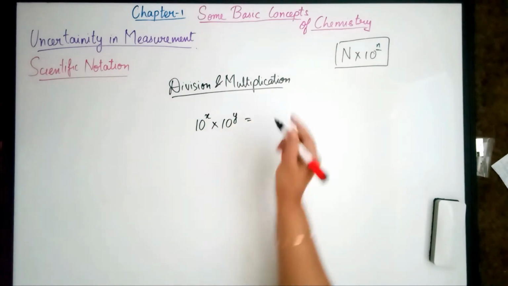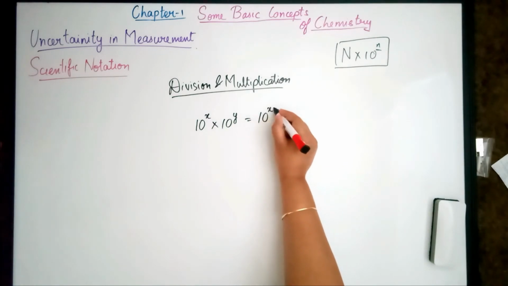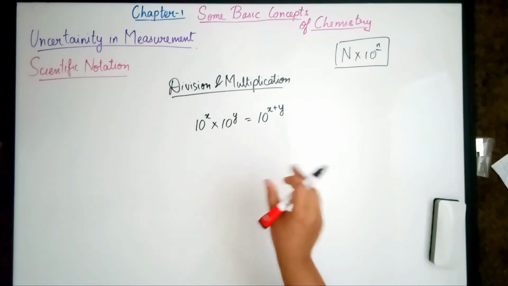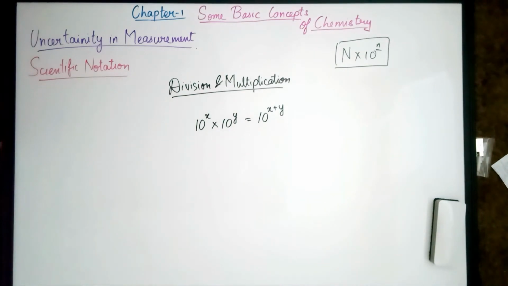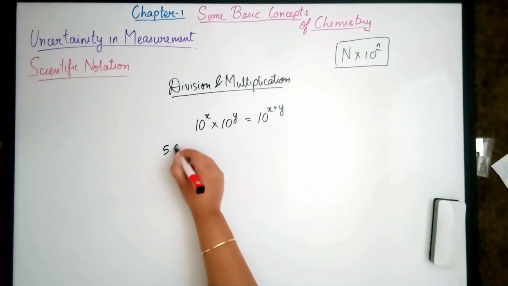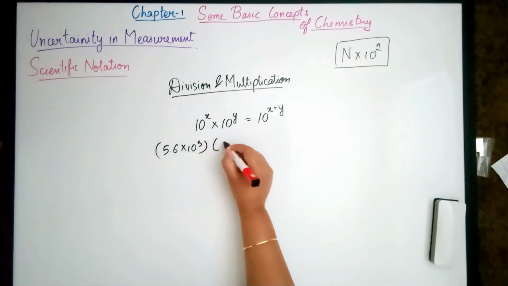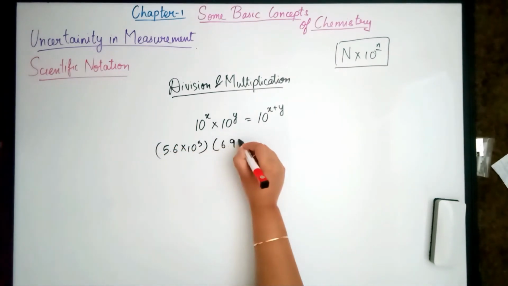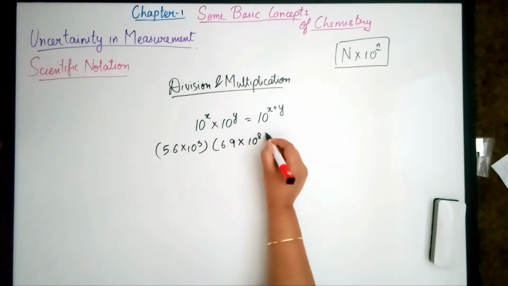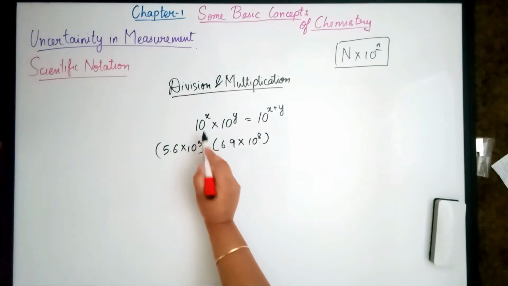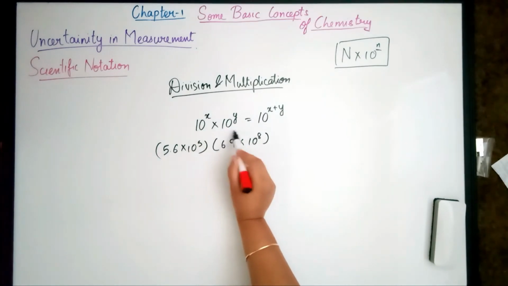When you have to multiply these two, you will write it as 10 to the power x plus y. That's it. You just add the powers. So the first example we're taking is 5.6 into 10 to the power 5 into 6.9 into 10 to the power 8. So here you have 10 to the power 5 as 10 to the power x, 10 to the power 8 as 10 to the power y.